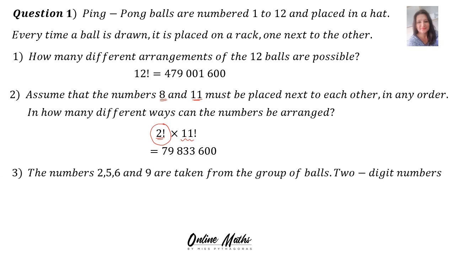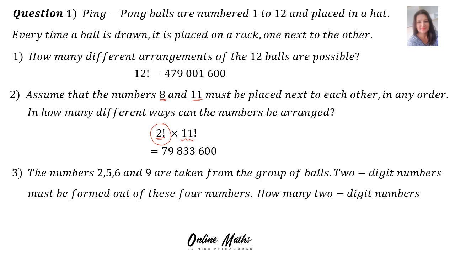Question 1.3. The numbers 2, 5, 6 and 9 are taken from the group of balls. 2-digit numbers must be formed out of these 4 numbers. How many 2-digit numbers can be formed? Now, this means, in fact, it's as if you take the 2 and then the second digit can be 5, 6 or 9.